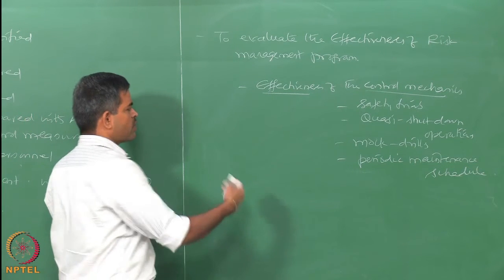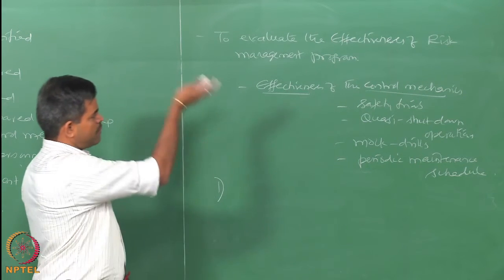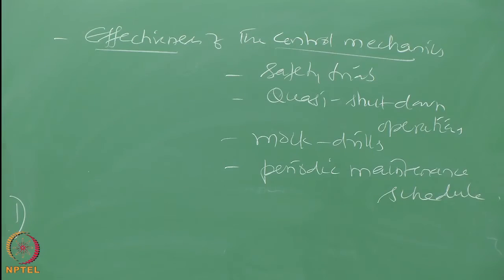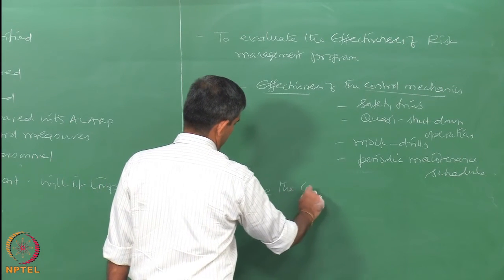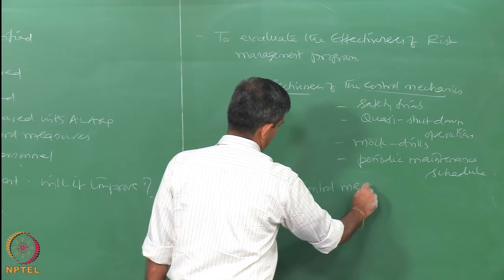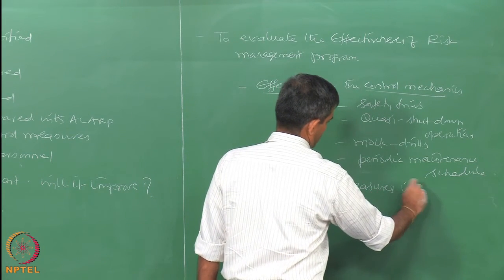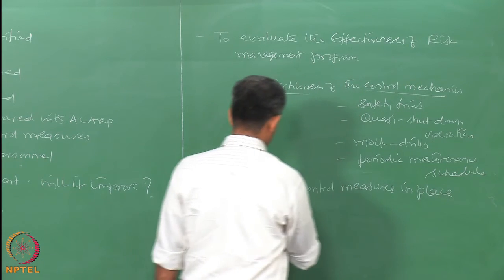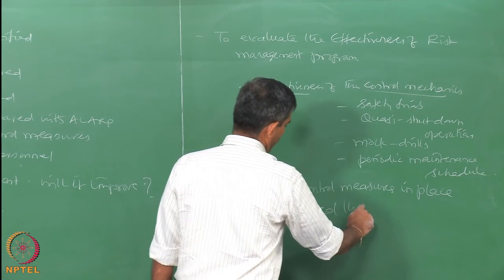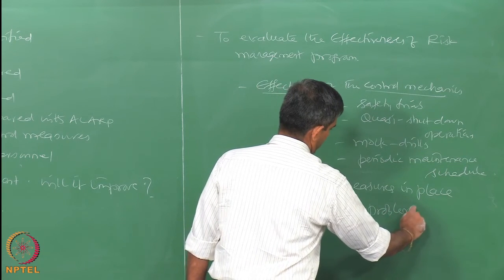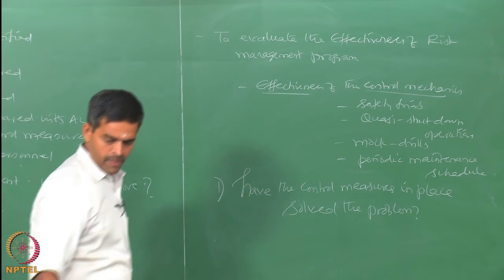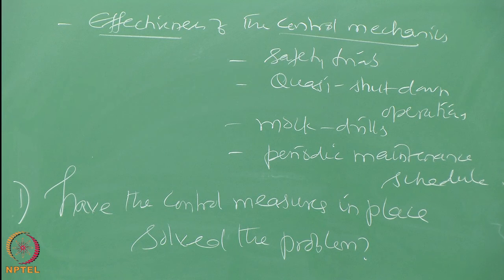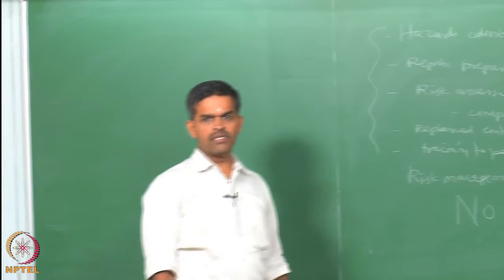So, one can ask a series of questions which can be answered in this particular context. Have the control measures available in place solved the problem? The second question could be, did the control measures create any new hazard?